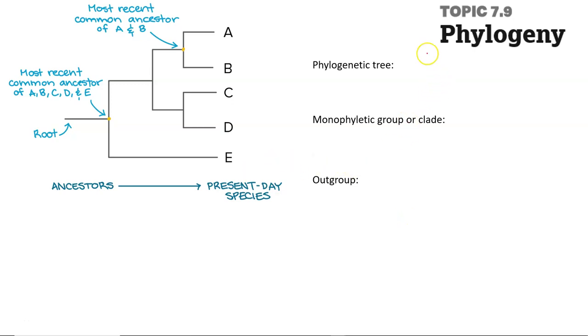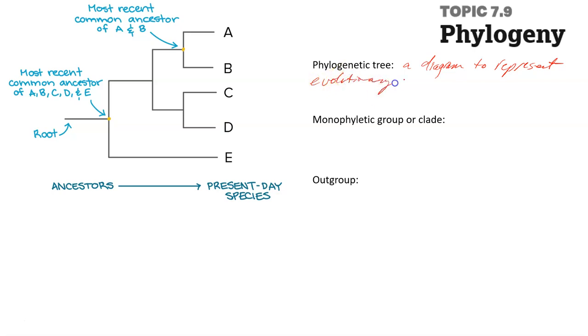Okay, on to topic 7.9, which is phylogeny. The first thing we need to define here is phylogenetic tree. A phylogenetic tree is simply, I like to think of it as a hypothesis, but it is a diagram to represent evolutionary relatedness.